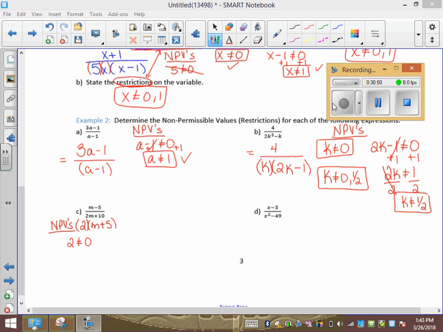Okay, well, then I have an NPV of 0. Is that true? 2 can't equal 0 means I have an NPV of 0? No, 2 can't equal 0 means that's true. That's just a true statement. Yay. It doesn't get me an NPV. I only get non-permissible values based on what? Variables. That doesn't have a variable. It doesn't have one.